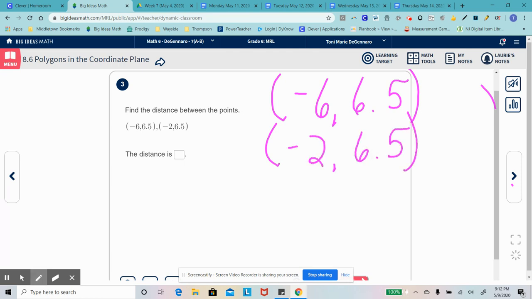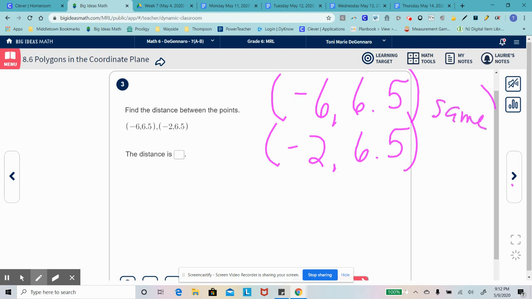Okay, so looking at this, we have to first find if they're in the same quadrant or different quadrant. So looking at it, my x's both have a negative, so far so good. And my y's are both positive. So it looks like we have the same quadrant.